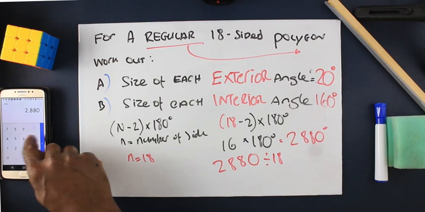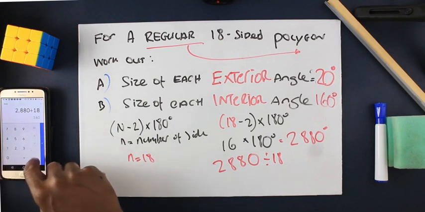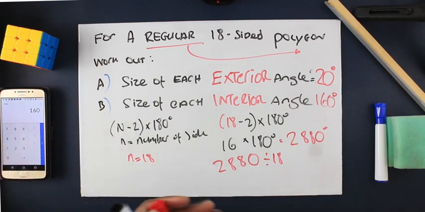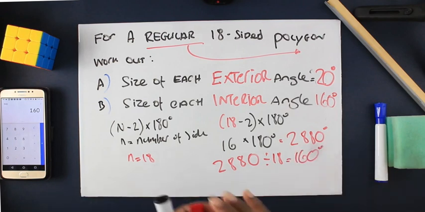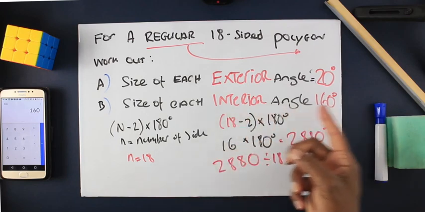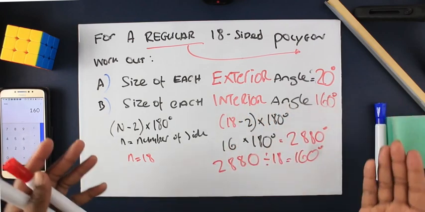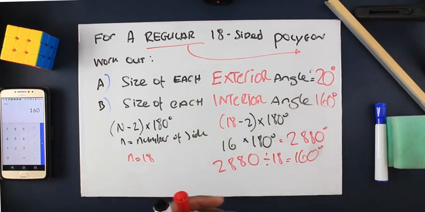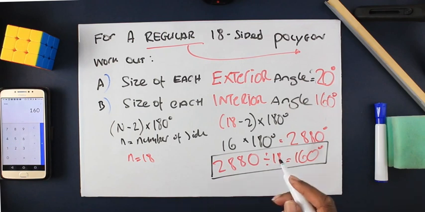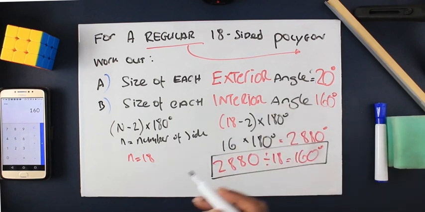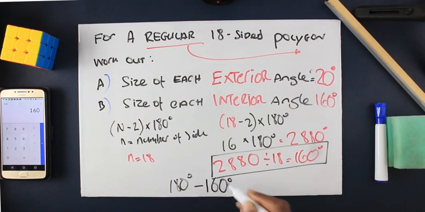Let's divide the 2,880 by 18. Lo and behold, it gives us that our internal angle is 160 degrees, which we calculated doing the other way. And now, because our internal angles are all 160 degrees, we know that our exterior angle is 180 degrees minus the interior angle, which is 160 degrees.